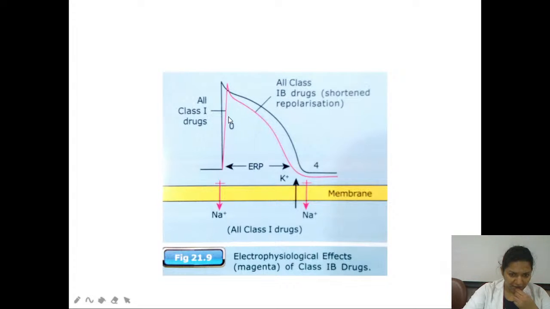As a result, the slope or the Vmax of the action potential is decreased, right? Secondly, class 1B drugs shorten repolarization. As a result, the action potential duration is decreasing, right? Or we can also say that the effective refractory period is decreasing.